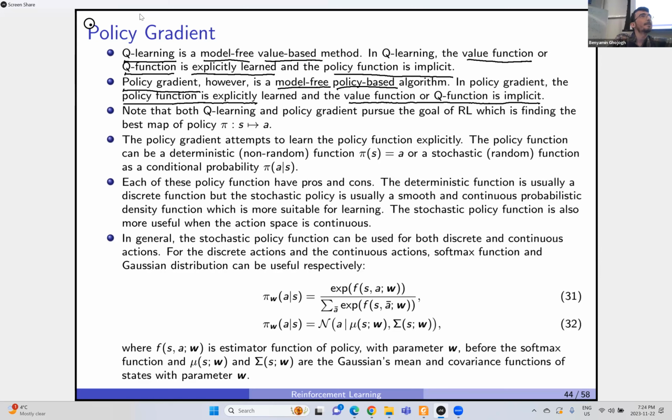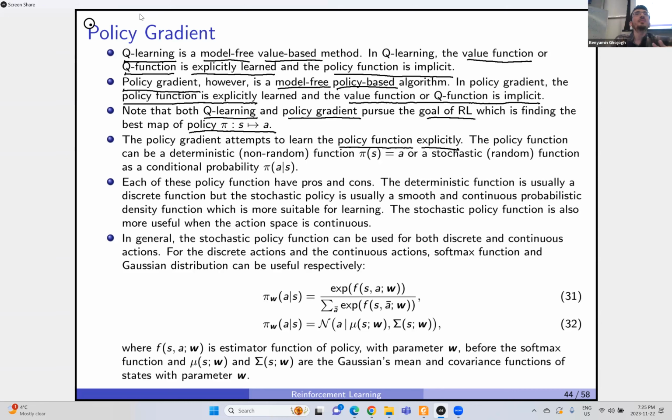Okay? Clear so far? Now, both Q learning and policy gradient pursue the goal of RL. What was the goal of RL? Finding the optimal policy. Policy gradient attempts to learn the policy function explicitly, as I said. We want to learn the policy pi.